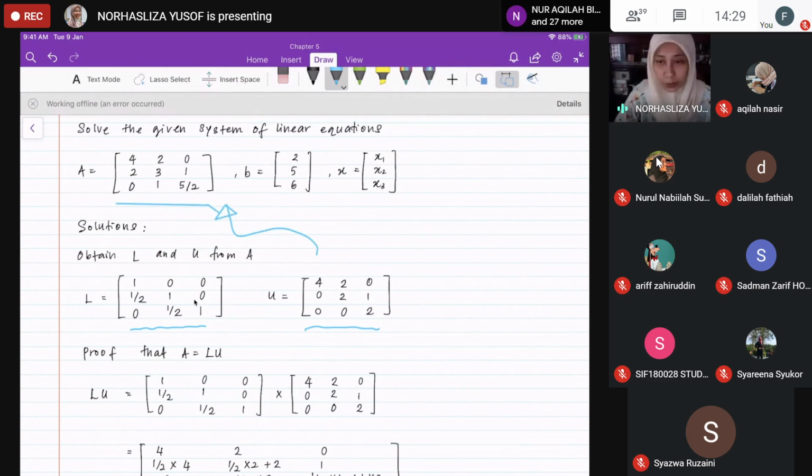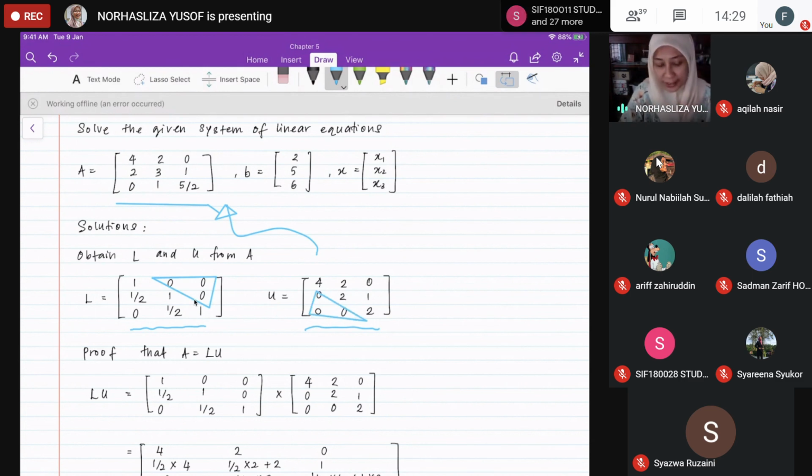So how to decompose this? You have to follow the factorization method that we have discussed earlier, okay? So in this case, it's just a normal LU factorization. You can use, for example, Gaussian elimination first, because what does LU mean? LU means that for L, the upper value is 0, and for U, the lower value is 0.